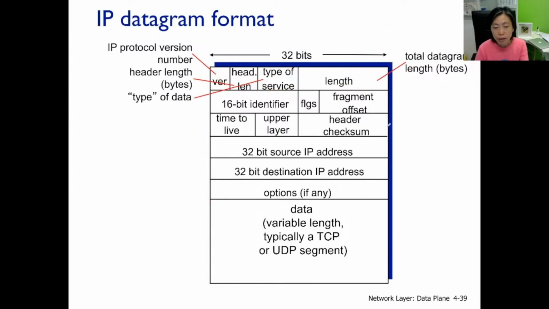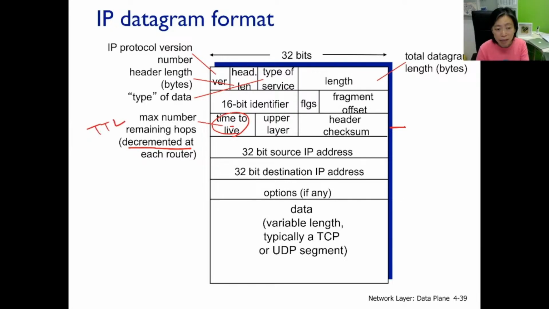Now let's switch gears and take a look at the fields in the third row. First is time to live. This field is very, very special. We've never seen it before, and it will probably make sense only in the IP layer. We decrement the value here, the time to live, TTL, by 1 after a packet passes through a router.